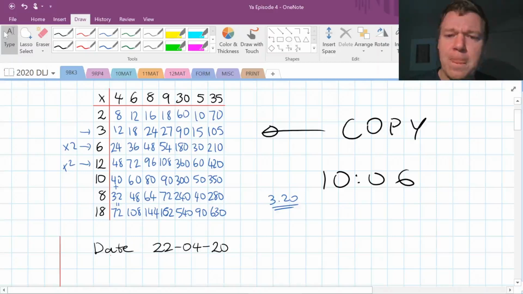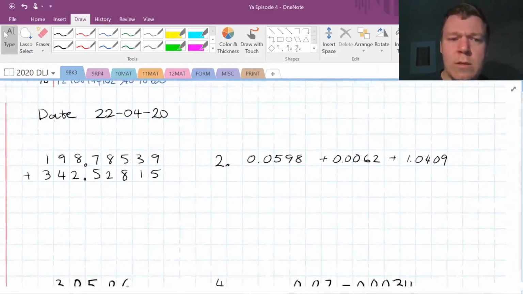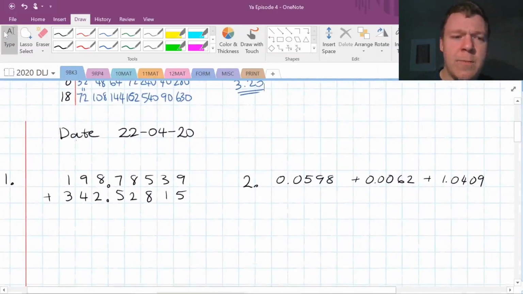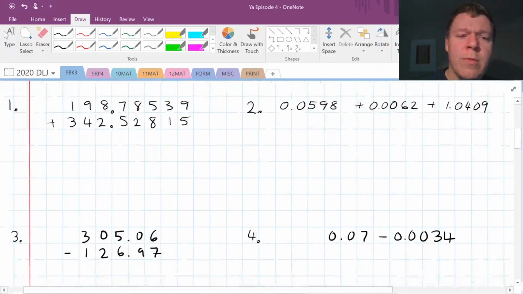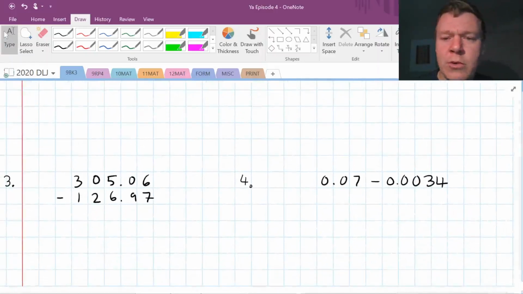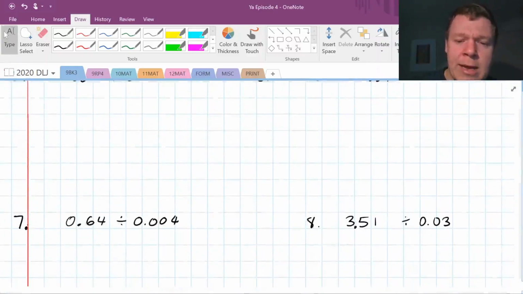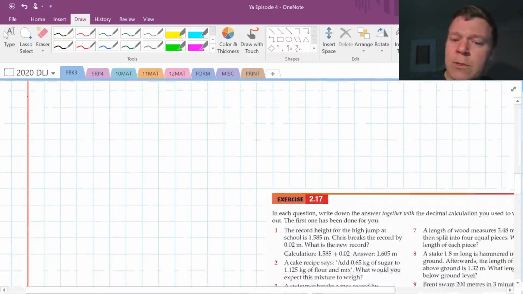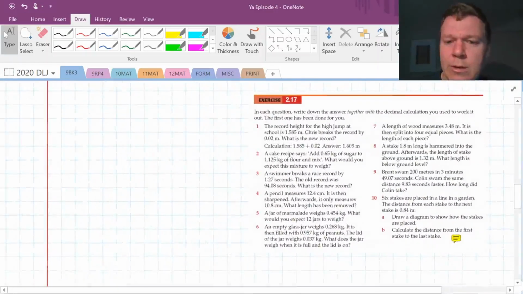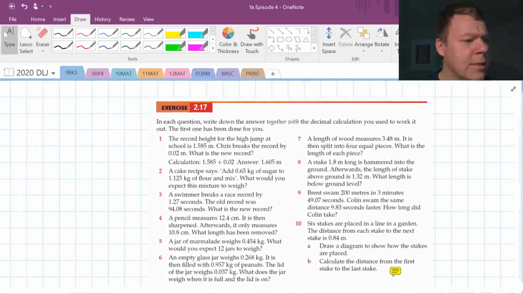So basically, with decimals, we're going to do a couple of addition problems, a couple of subtraction problems, a couple of multiplication problems, and a couple of division problems. And then I'm going to move on to a few exercises.